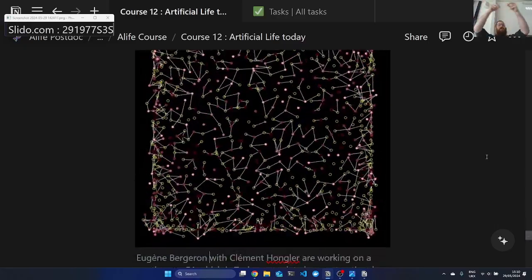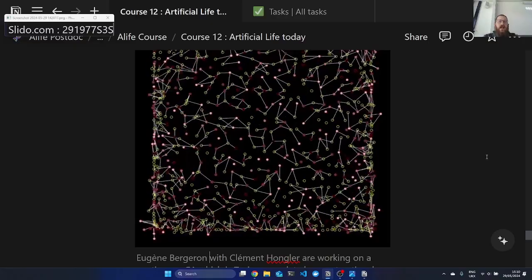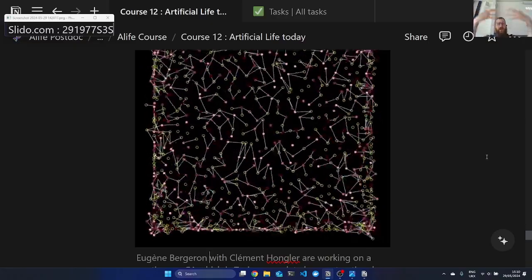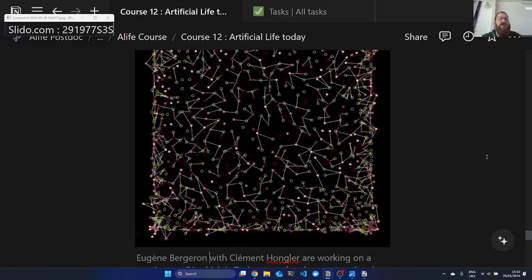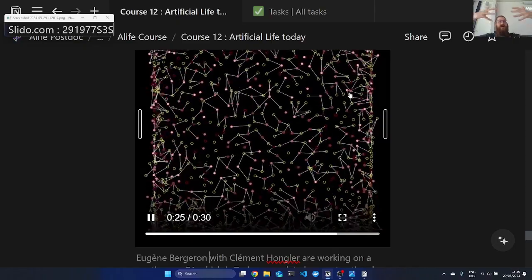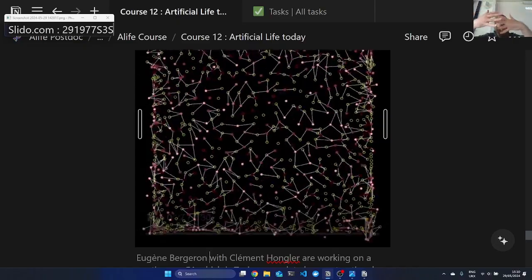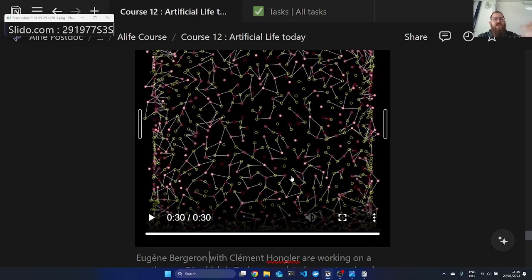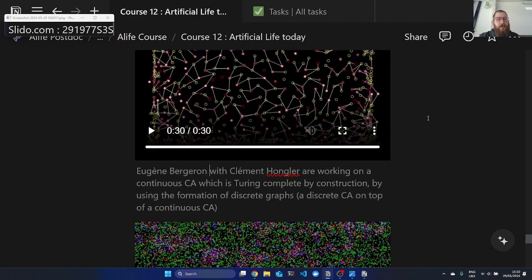You can see the particles can move continuously, where they connect, and then you have some discrete cellular automaton dynamics on top of this connected grid. So it's a combination of a continuous and discrete CA, with the goal of trying to make something which is Turing complete in a continuous setting.